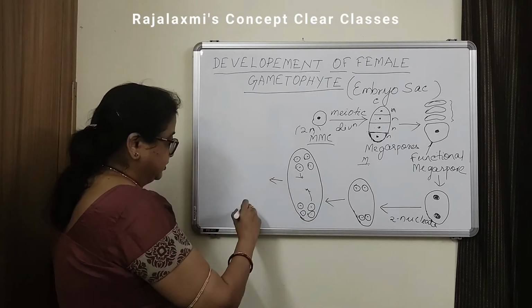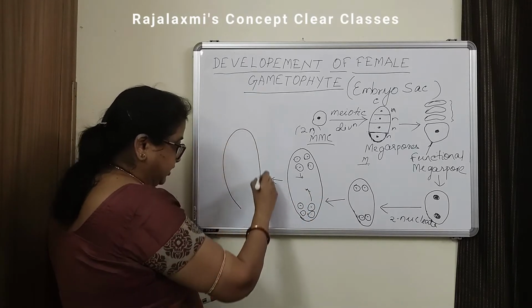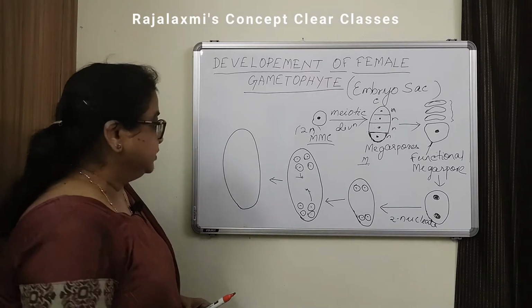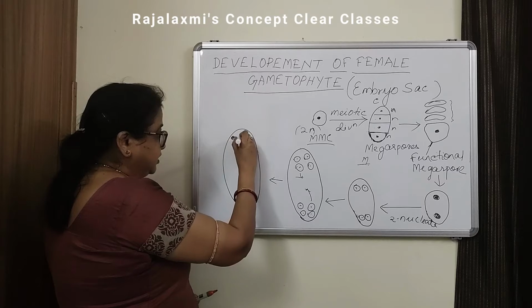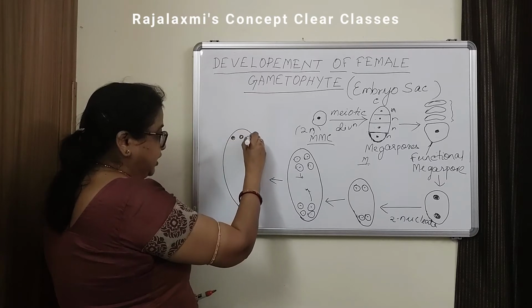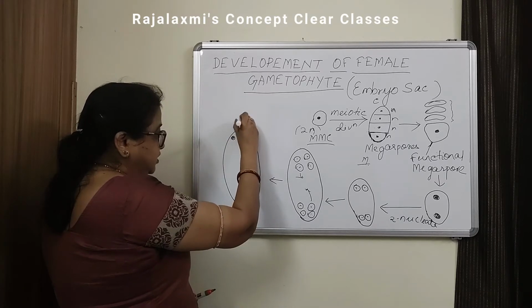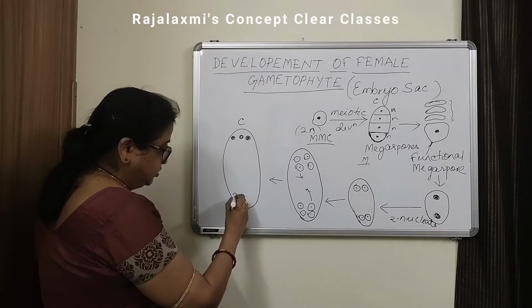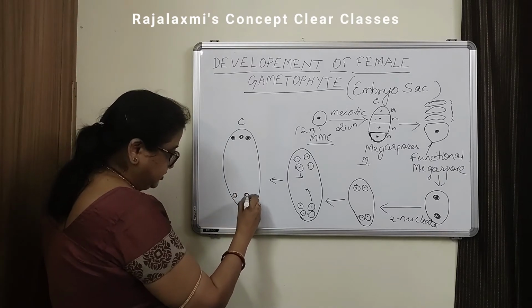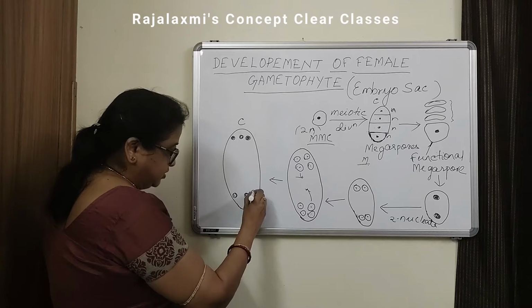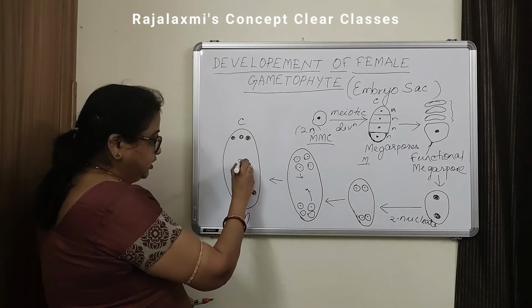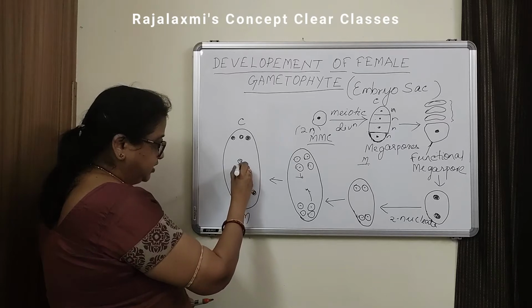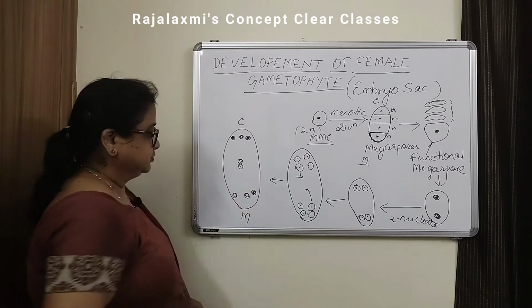So in the next step, 3 nuclei remain at the chalazal end and 3 nuclei remain at the micropylar end and 2 nuclei remain at the center.